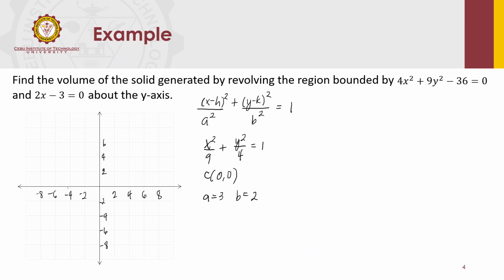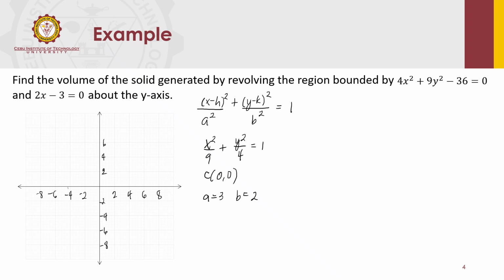If the bigger number is below the x variable, that means your major axis is horizontal. If it falls under the y expression, then the major axis is vertical, so parallel to the y-axis.